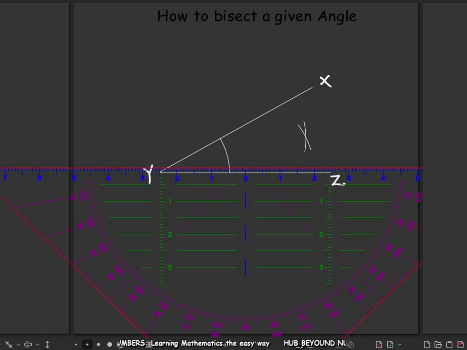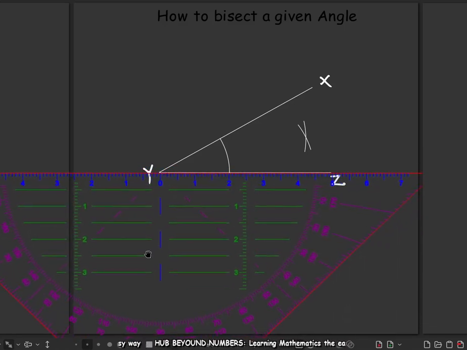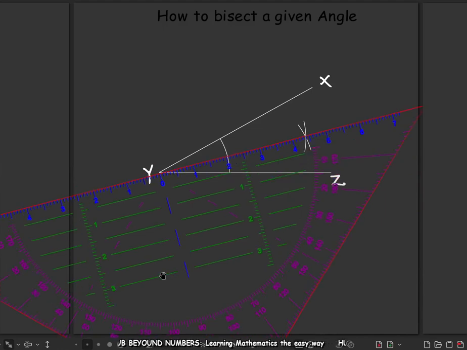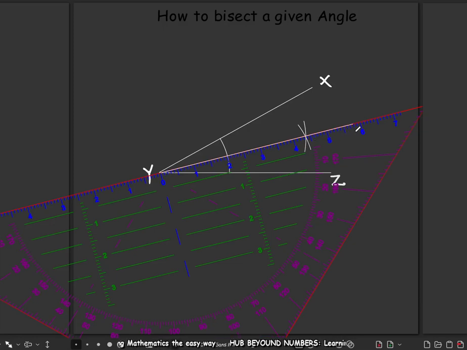With this done, you put your ruler down and you align the vertex of your angle and make sure it does what? It passes through your point of intersection, right? So I now take my ruler, and I've aligned it from the vertex to my point of intersection. And then with that, I draw a straight line from my vertex through the point of intersection.